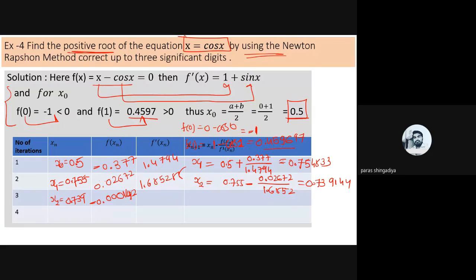And now the derivative output will be 1.673549. Okay, and in the formula of x3, that is 0.739, and there is a minus sign here, so the remaining sign is positive, and 0.000142 divided by 1.673549. Sir, it's 0.7390. Okay.